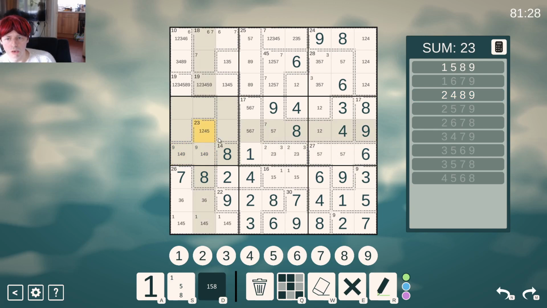So 4 and 1 come out of here. And of course, 1's gone. So it's not 1589, it's 2489. We don't know the way round of the 4 and the 9 yet, but that must be a 2.